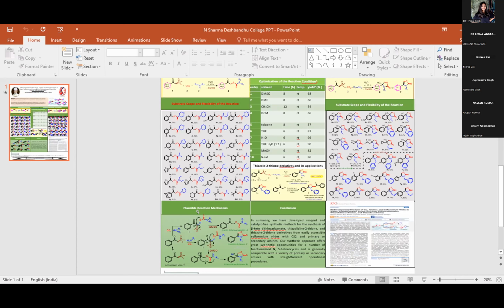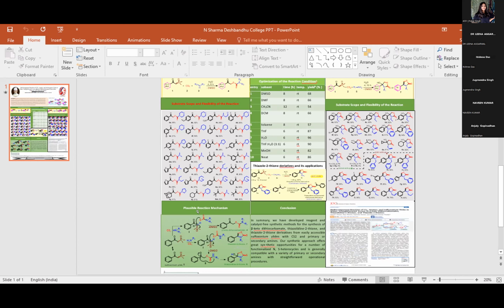Have you checked any anti-cancer activity? Yes, ma'am. We synthesized a gram scale reaction as well as we reported a chalcone derivative in the application. This chalcone derivative is also used in bioactive compounds for anti-cancer activity.